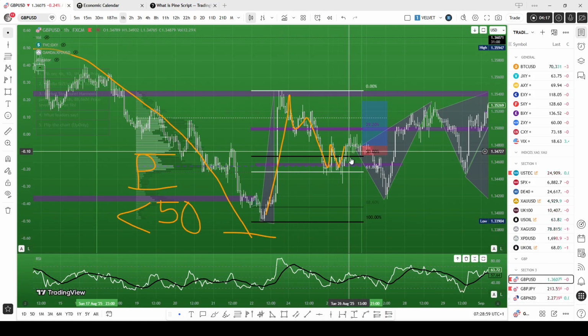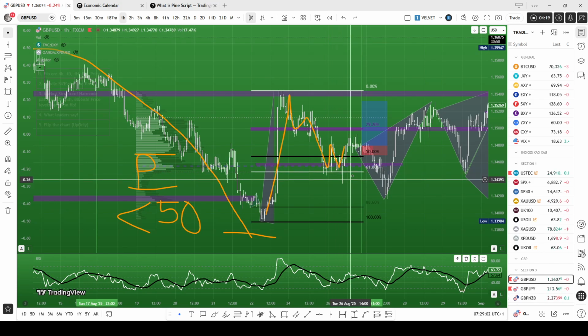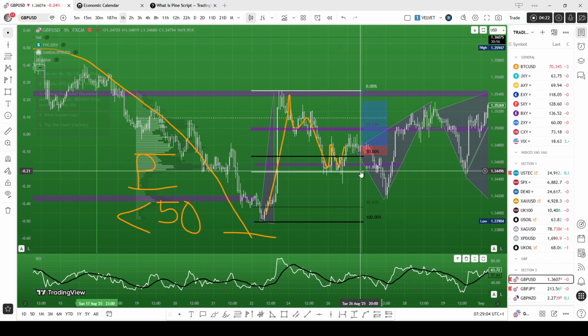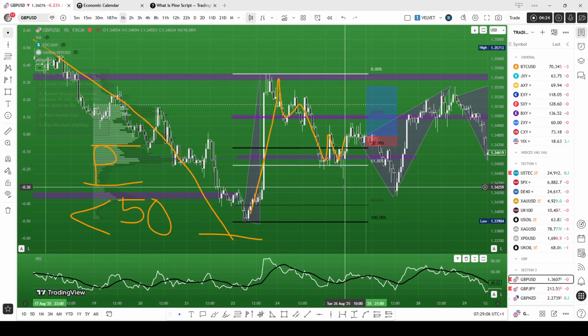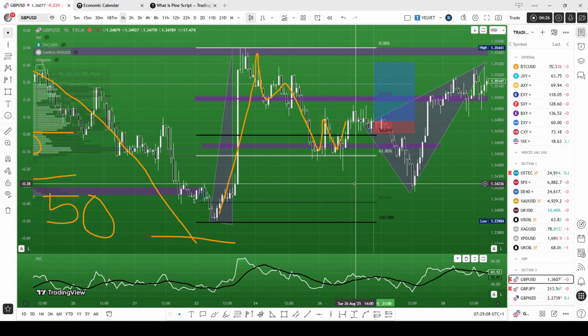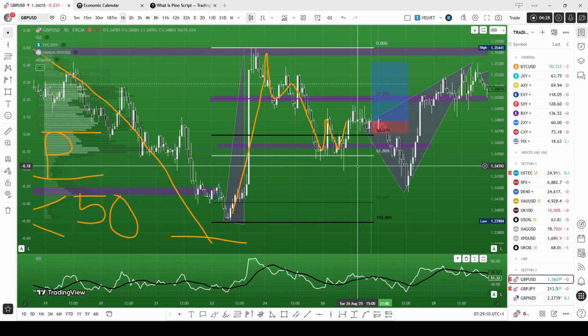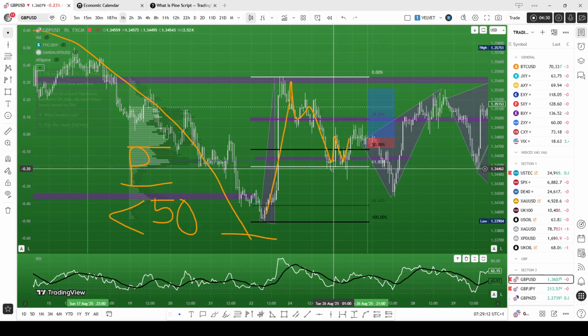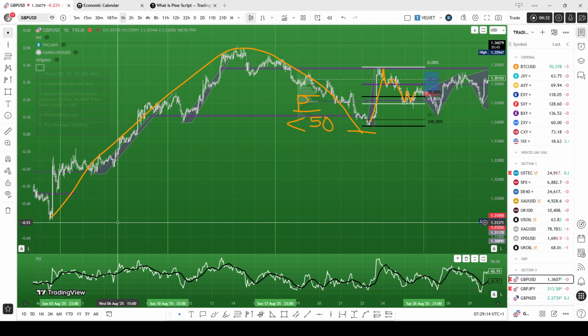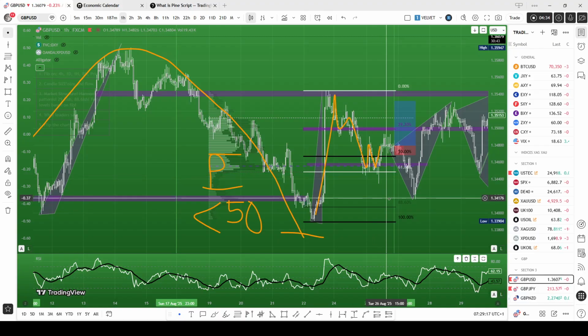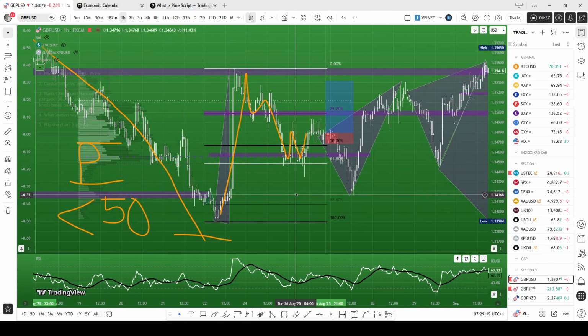So this fib was seemingly a perfect fib, although you can see wicks below 61.8, which could be a bad sign, and it was actually. But having a bigger picture in mind would actually prevent us from this loss.